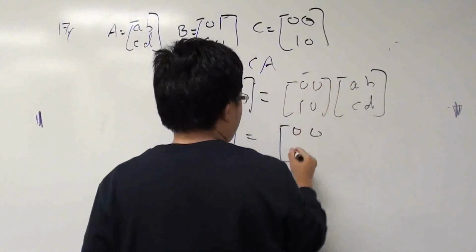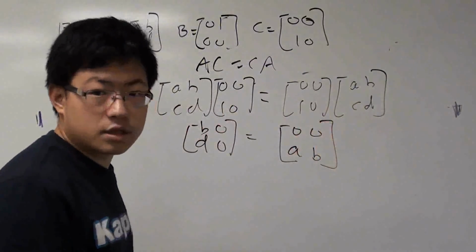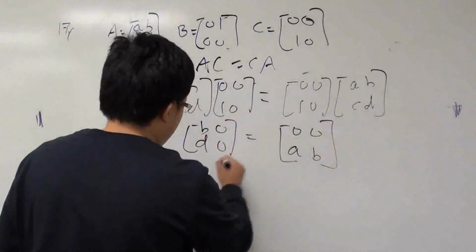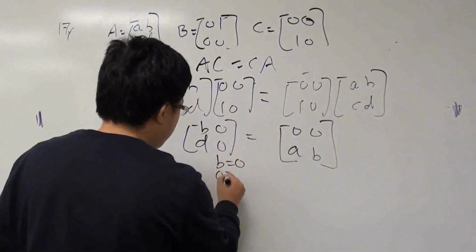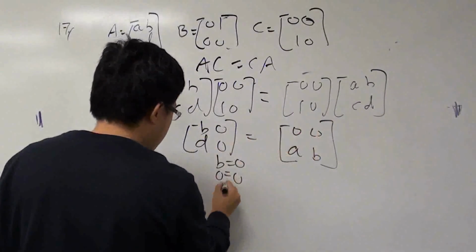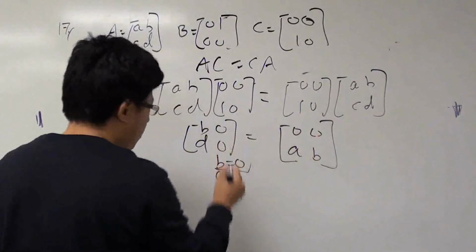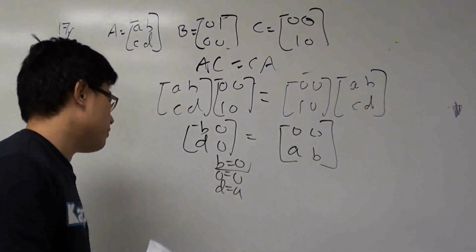So 0 gone. A and B. Okay, so in the situations, we can say, well, B equals 0, 0 equals 0, D equals A, and 0 equals B, which we already know. You can write it again, but it doesn't really serve the purpose.